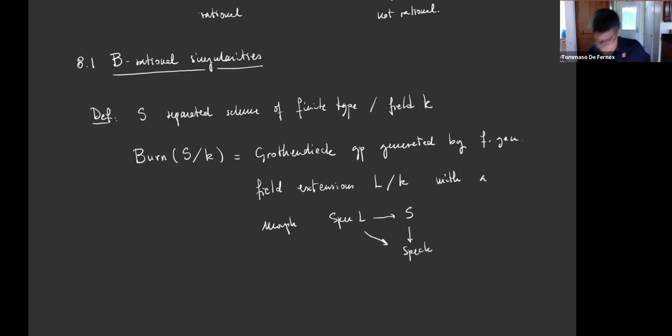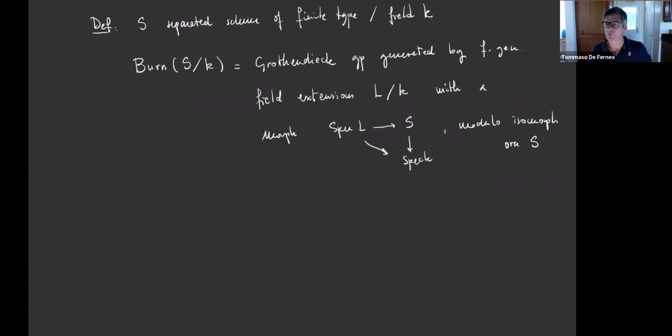So another way of thinking about this is that this parameterizes the Weil points on a scheme. A point is just a map from a field to S over the ground field. And then this is modulo isomorphism over S, meaning modulo isomorphism on this diagram.